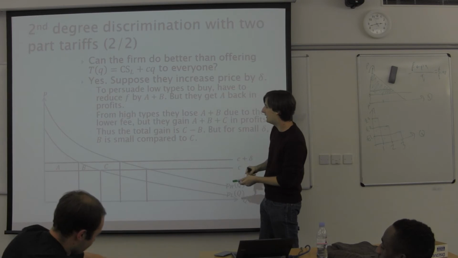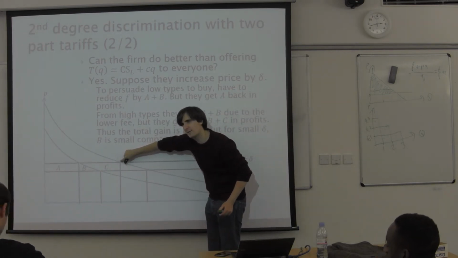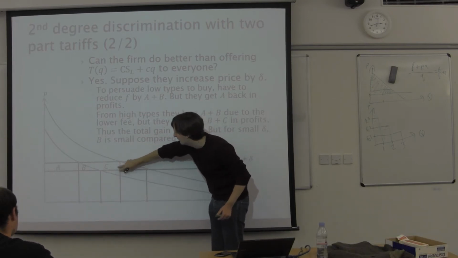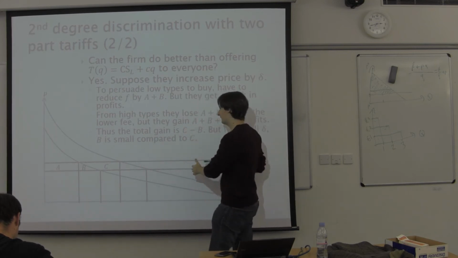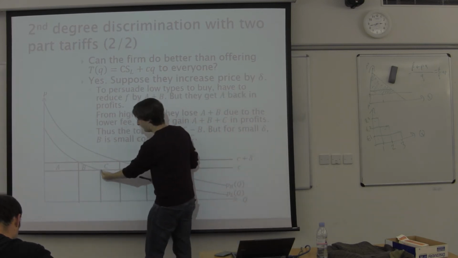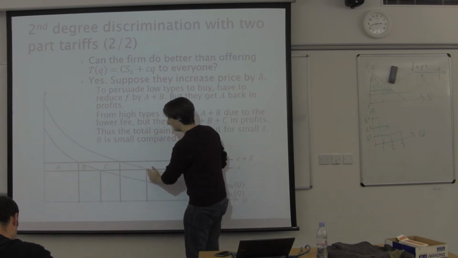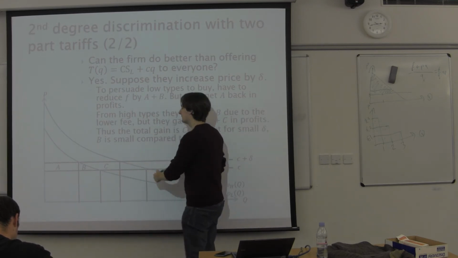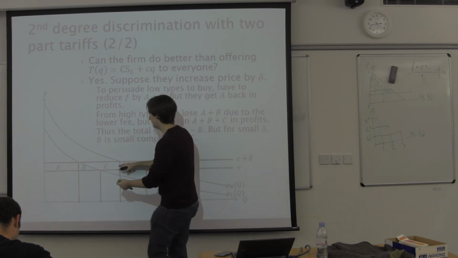But now, because the high types demand this number of units of the quantity, the price has gone up. So the old price we were demanding this number of units, the new price we're demanding this number of units.